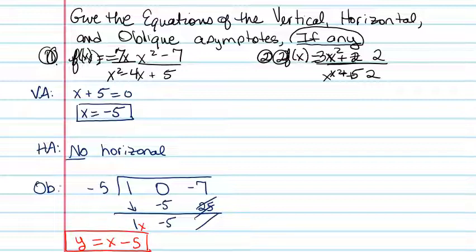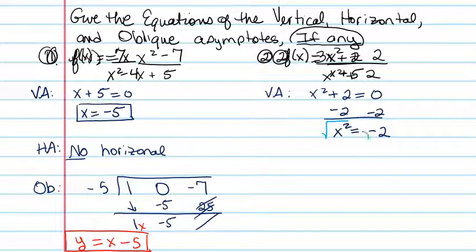This next one, we'll do the vertical asymptotes first. We're going to take the denominator, set it equal to 0, and solve. I'm actually solving this one because I need you to see something.